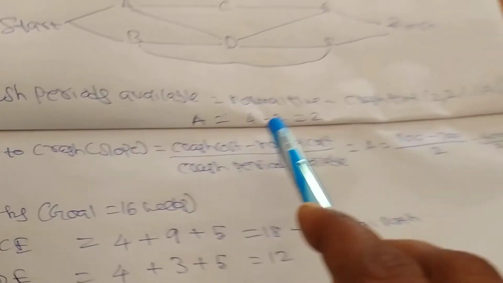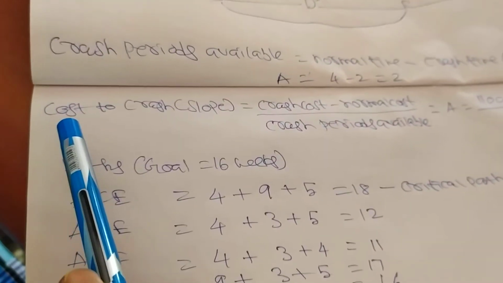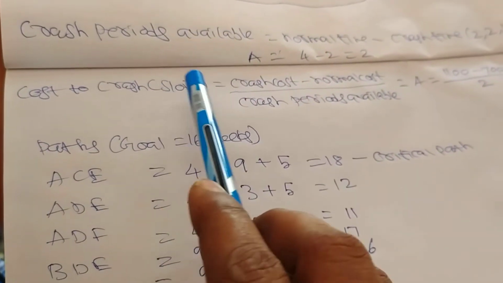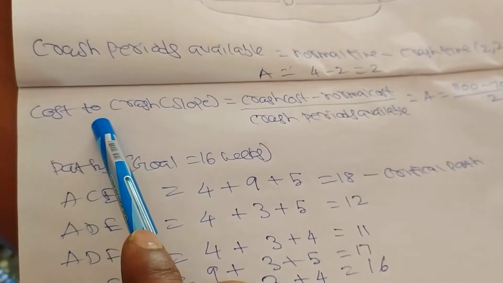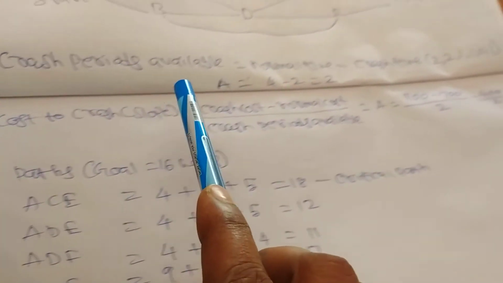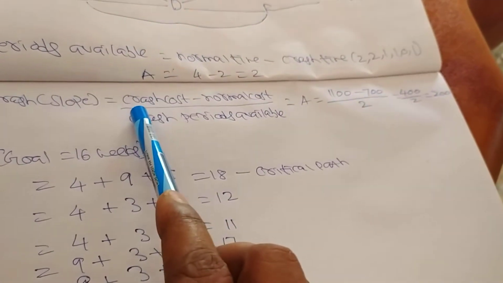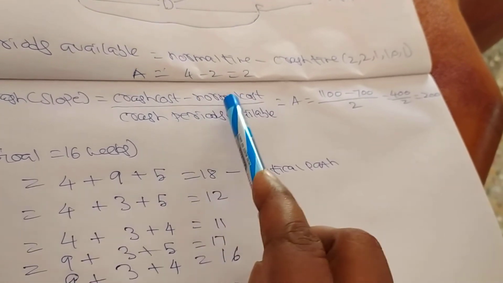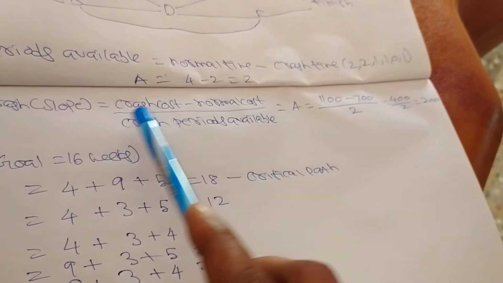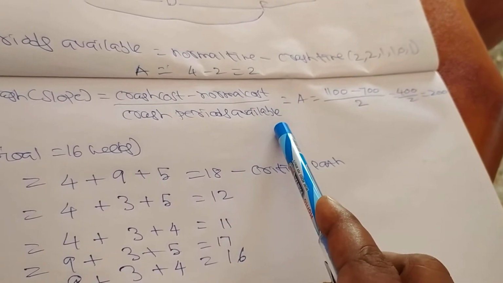Clear? Next one: cost to crash, the slope value. The formula is crash cost minus normal cost divided by crash periods available.